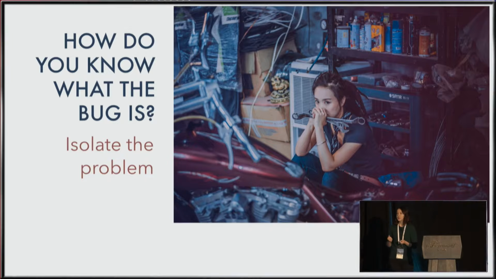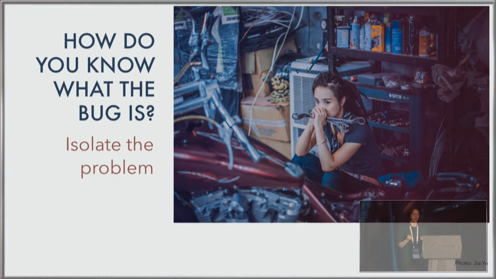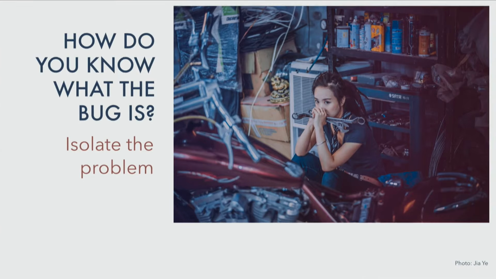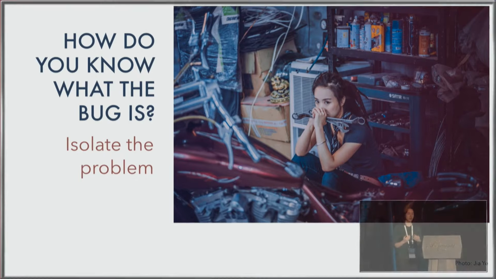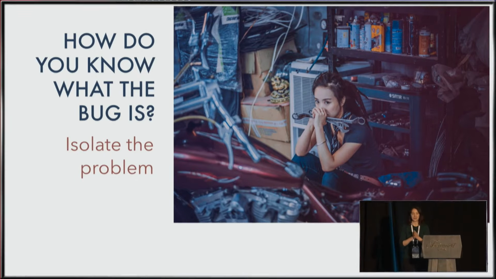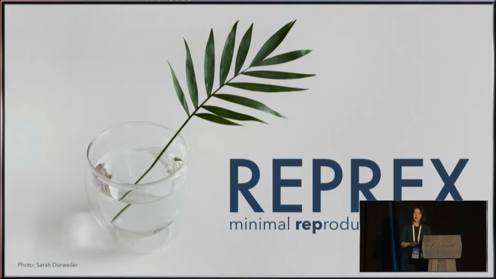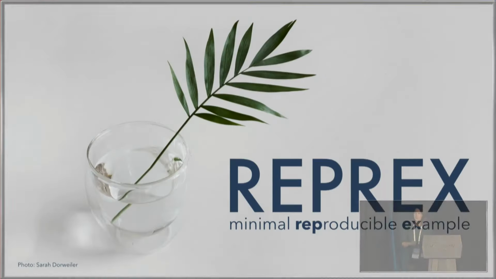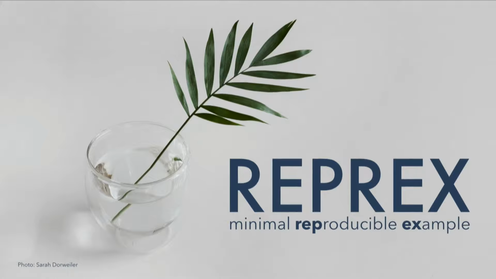So before you can go about fixing a bug, you have to know what the bug is. And the best way to figure that out is to start by isolating the problem. So at this point, you're not necessarily even trying to think about what the cause of the problem is, but rather just trying to pin down exactly when it happens. And the best way to convey this is through a minimal reproducible example or a reprex.